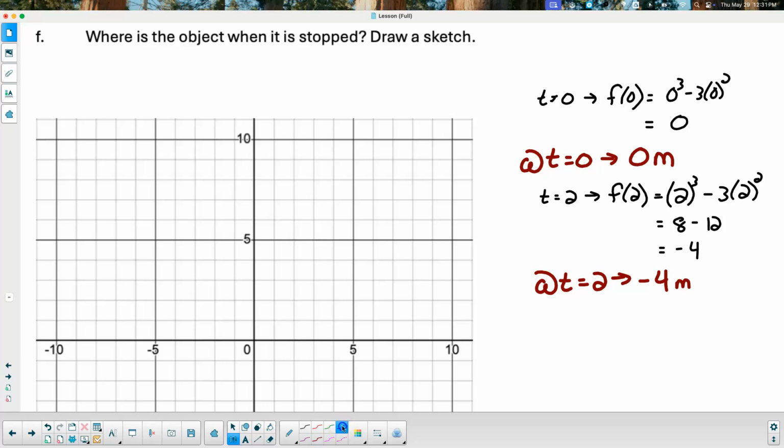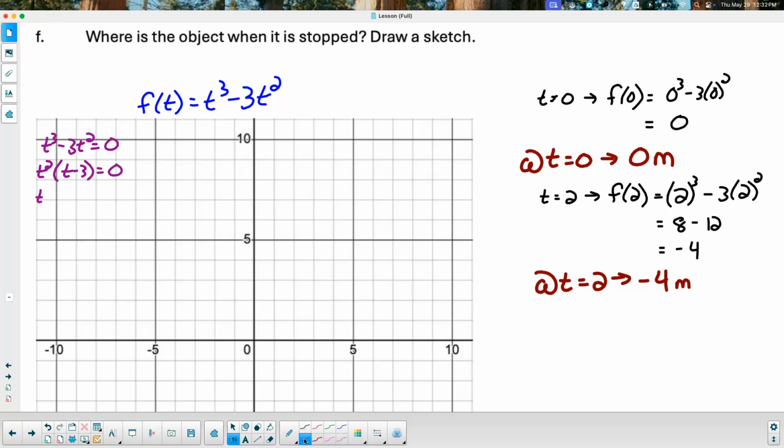Now, if I choose to graph my original function, f of t is t cubed minus 3t squared, I'm going to find that I've got zeros at, because if I factor this out, t cubed minus 3t squared equals 0, I factor out a t squared, leaves me with t minus 3.